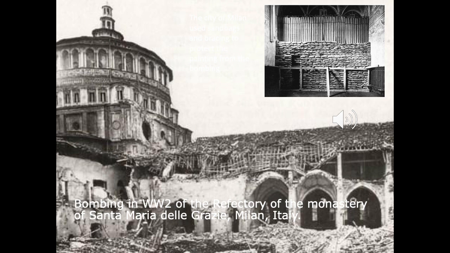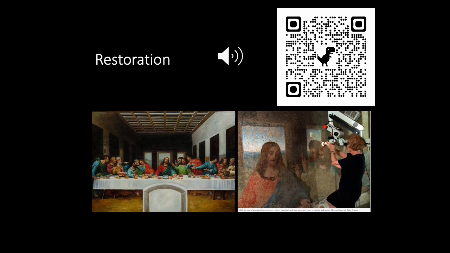And you can see in this image, from the Getty Studios, a picture that was put in the paper after the bombing of Milan during World War II. You can see how much destruction was done to the church. The bell tower actually survives quite intact, but the rest of the monastery was pretty much gone.